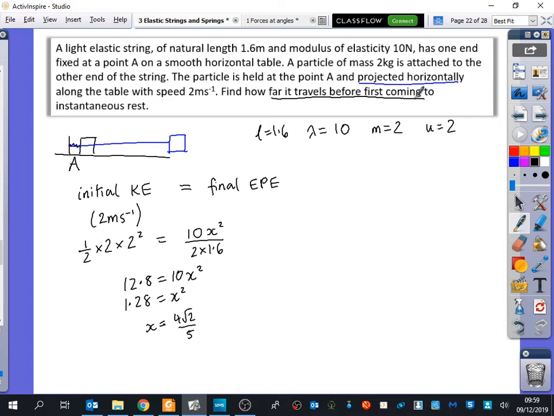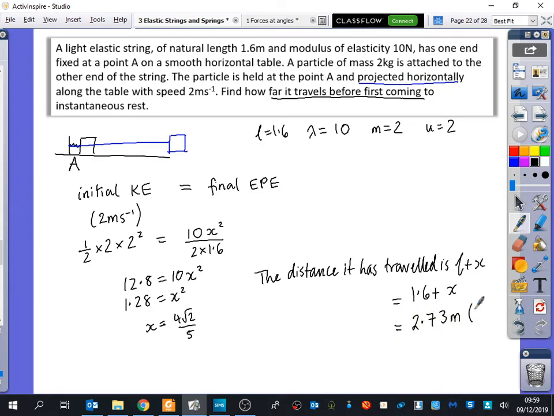So we have to add it to our natural length. The distance it has travelled is L plus x, which is 1.6 plus x, so we get 2.73 meters to 3 significant figures.